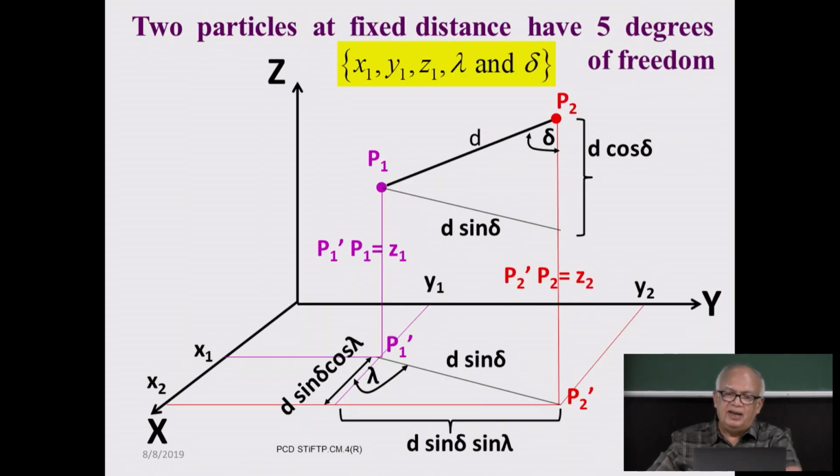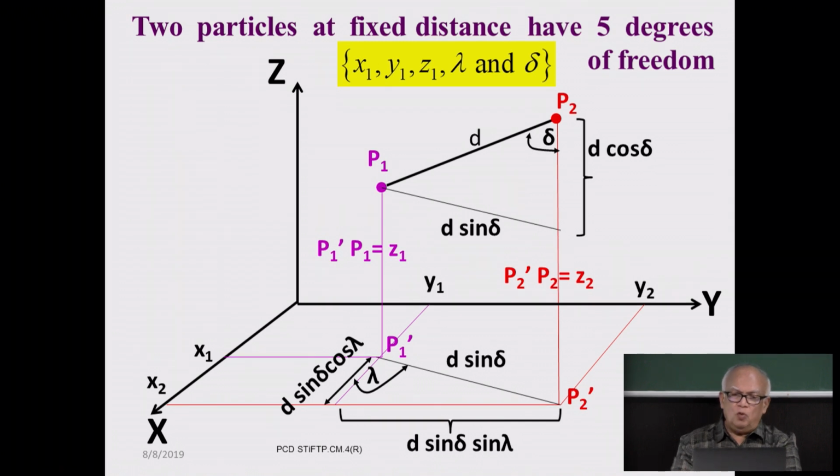You can specify less, because if you just specify the coordinates of one point, this is particle 1, then the position of the other particle is completely fixed by pinning down the position of the first particle and then these two angles, delta and lambda. So with these two angles and the three coordinates of P1, with five degrees of freedom, you can specify the two particles if they are constrained by a constant distance between each other.